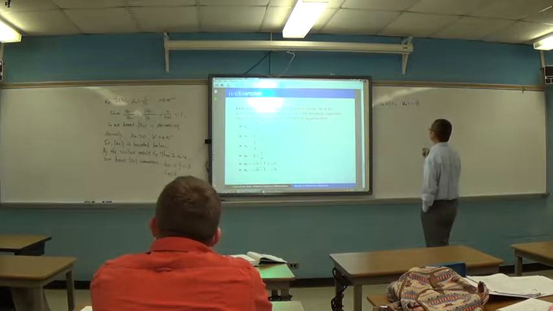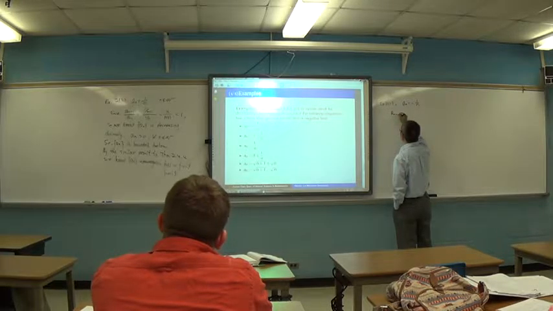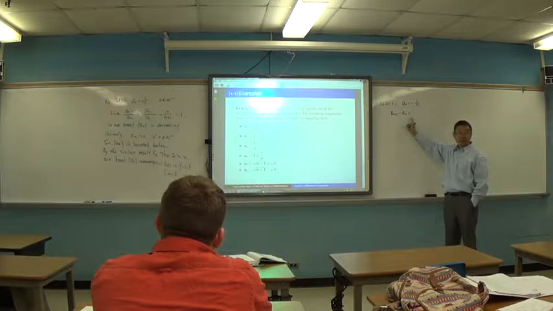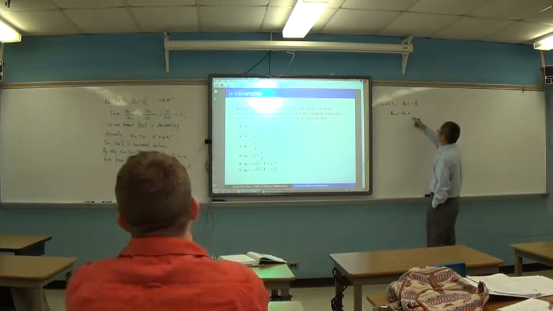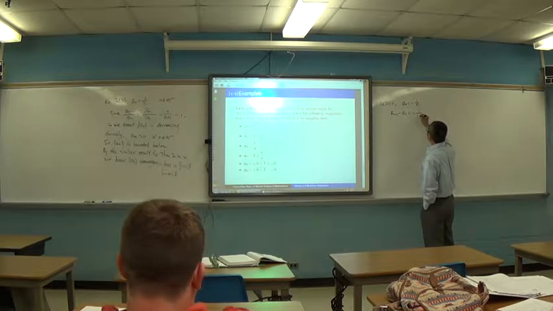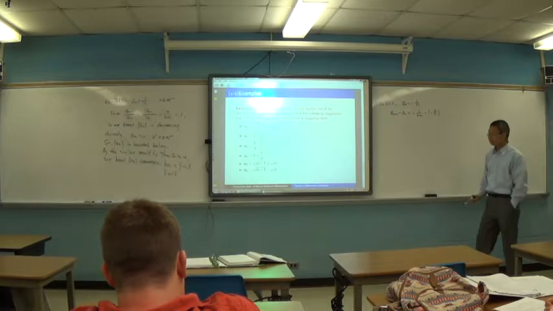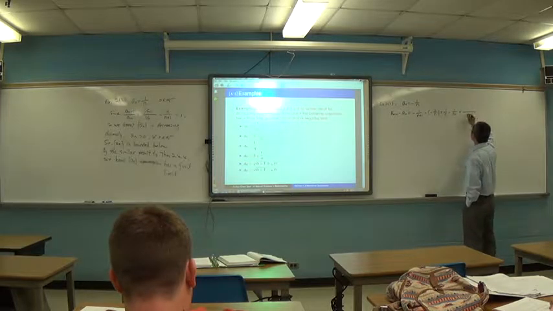Now, based on definition, a_{n+1} minus a_n. If this is greater than 0, that means it's increasing based on definition. Now this is negative 1 over (n+1) minus negative 1 over n. Now this becomes 1 over n minus 1 over (n+1). This equals 1 over n times (n+1).